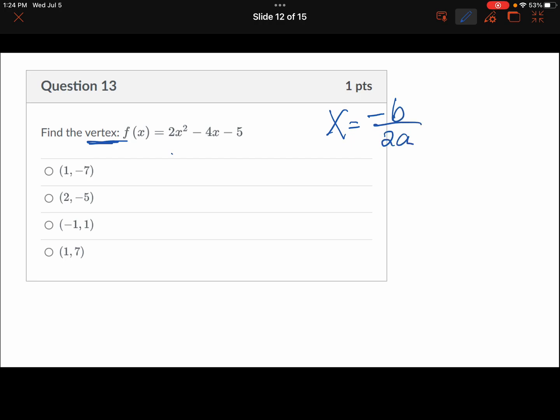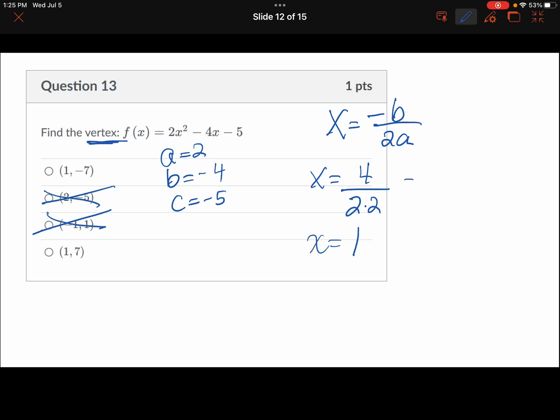So in this equation, A is 2, B is negative 4, and C is negative 5. So we've got X equals, the opposite of negative 4 would be 4, over 2 times A, which would be 2 times 2, which means my X value is 1. So can't be this one, can't be this one.